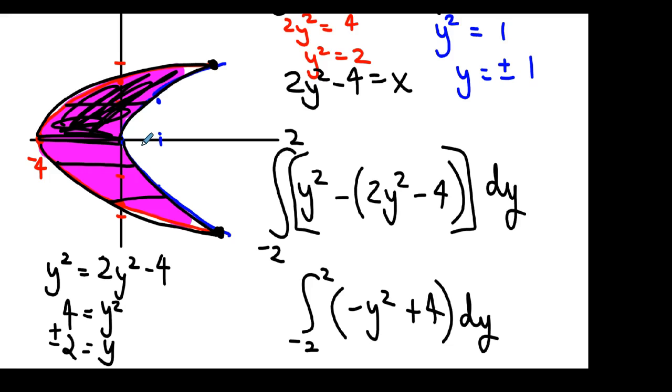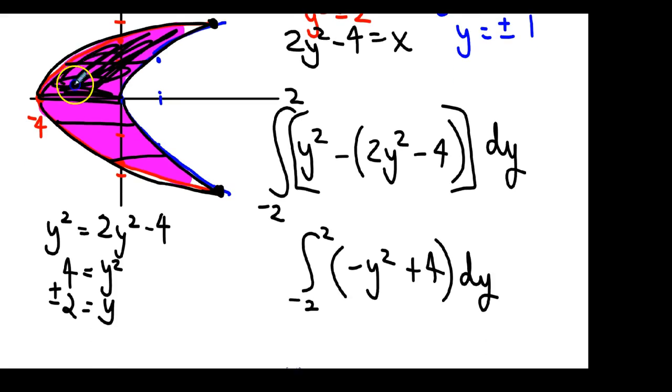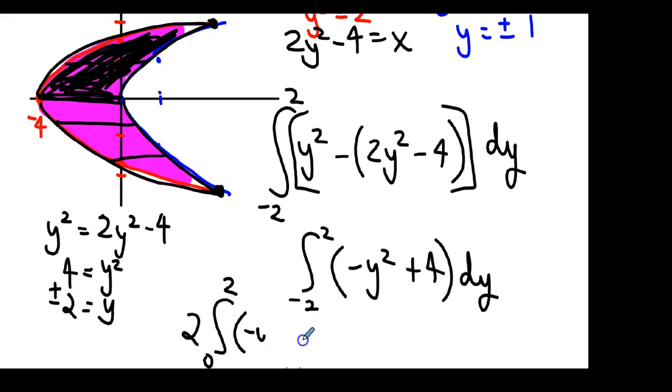You know what you can do when that happens is you can find the area of one piece and double it. So you could do that. Yes, you could change your lower limit to 0, leaving your upper limit 2, and double your answer.